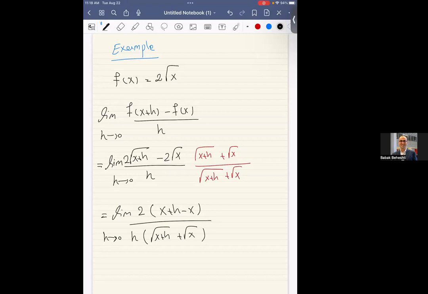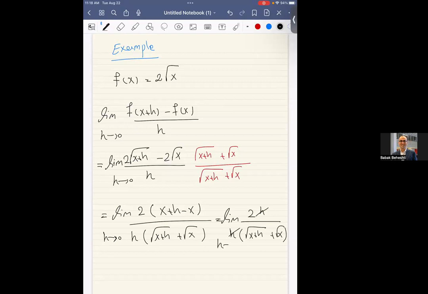So on the top, you have 2h, and the denominator is h times the square root of x plus h plus the square root of x. And the h is gone.